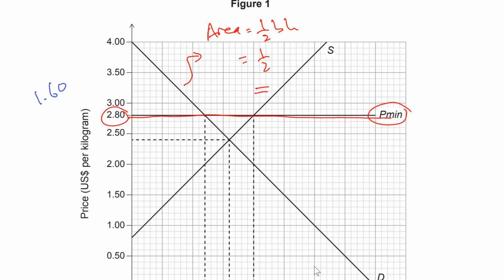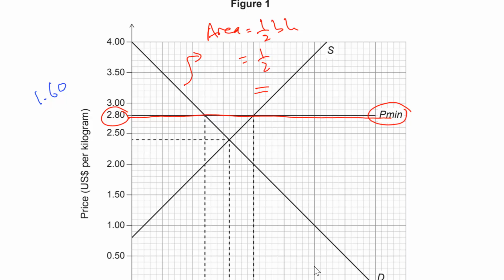So it's no longer going to be $2.40, it's going to be $2.80. Remember, that's what a price floor does, right? Price floor says this is the legal minimum at which this good or service can be charged. So now the consumers, instead of paying $2.40 per kilo of tomatoes, they now have to pay $2.80, all because of the price floor.